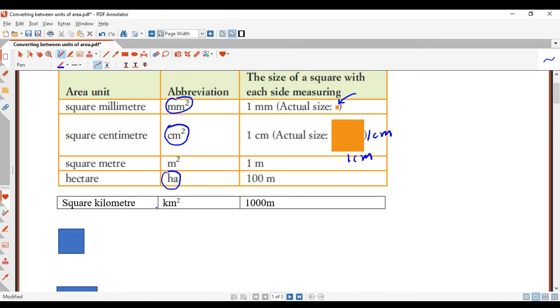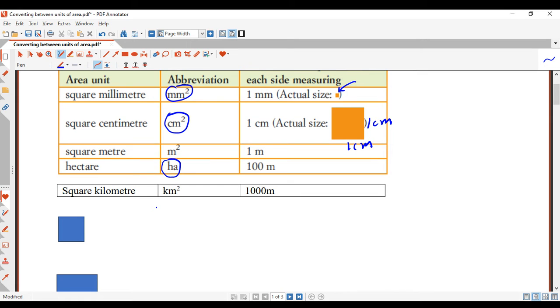So let's start off with a centimetre. A centimetre square is 1 centimetre by 1 centimetre. Now, 1 centimetre is equal to 10 millimetres.